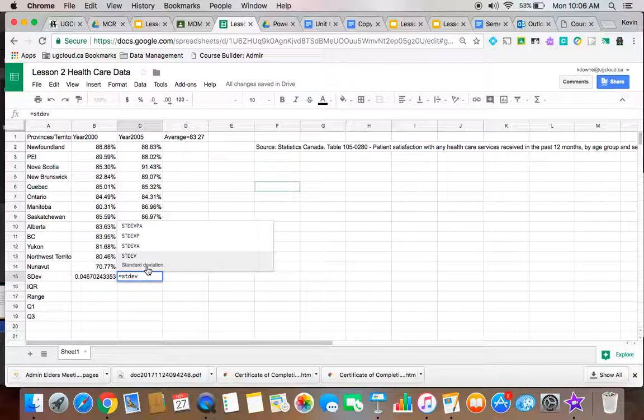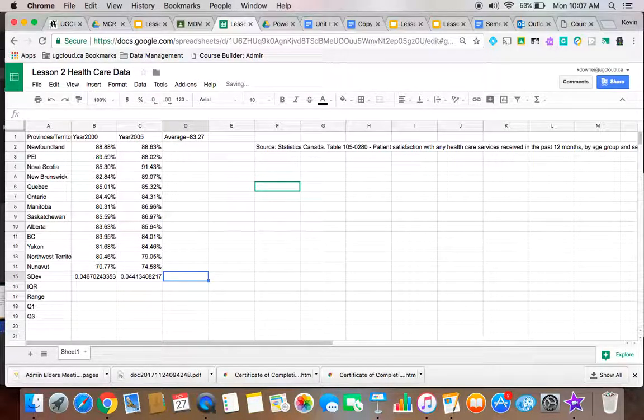It was a survey, and it didn't include everybody in the country, so we're going to just look at the sample. But you could argue that this is a population because it's every province, and so we could do the population standard deviation as well. And so just to do the sample standard deviation, highlight and click. If you're wondering what's the big deal, what's the difference between doing a sample and a population?